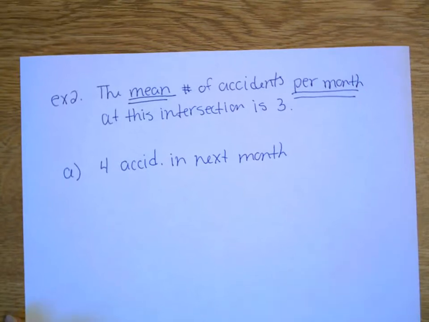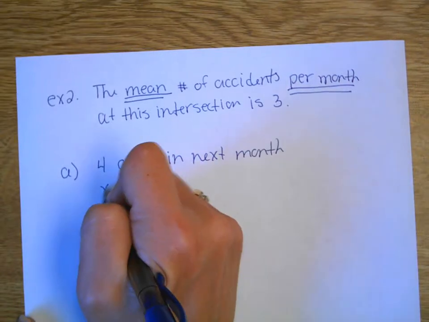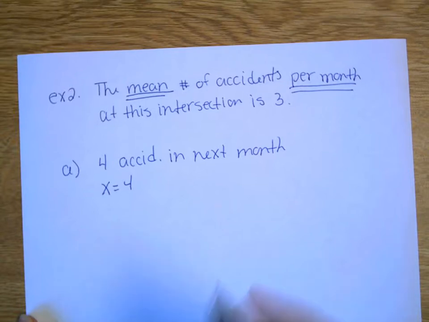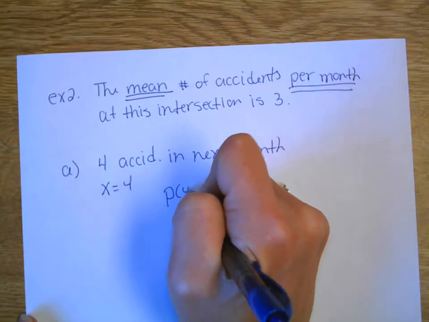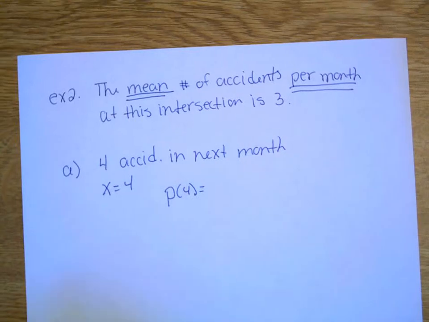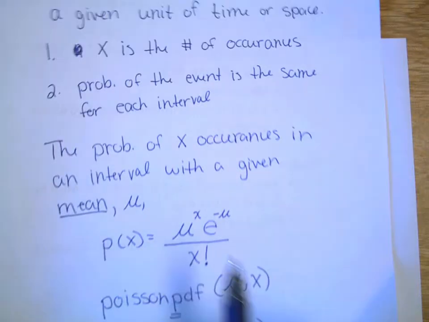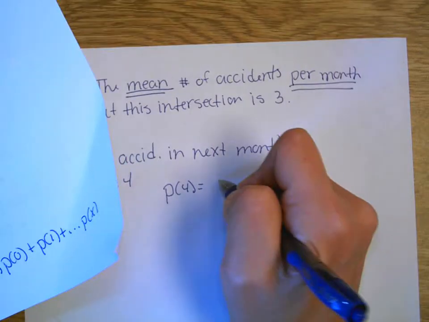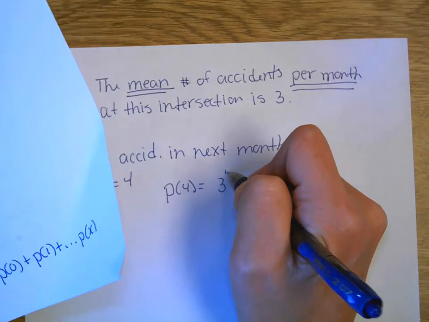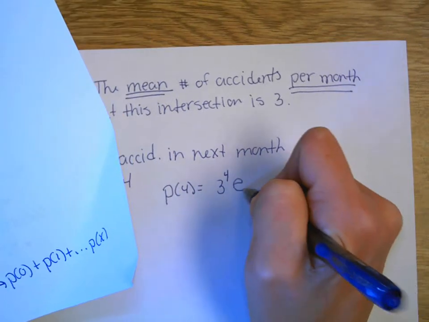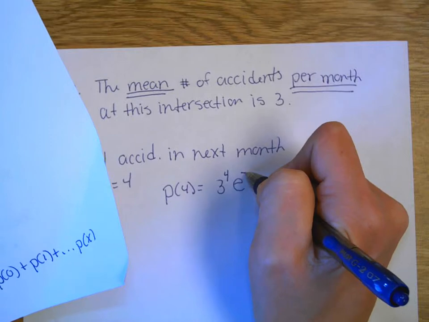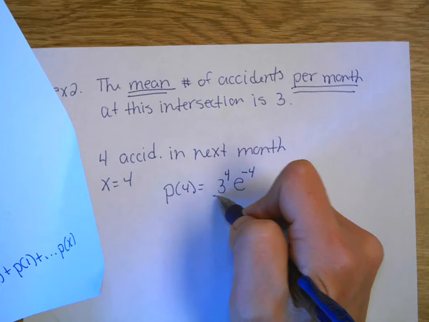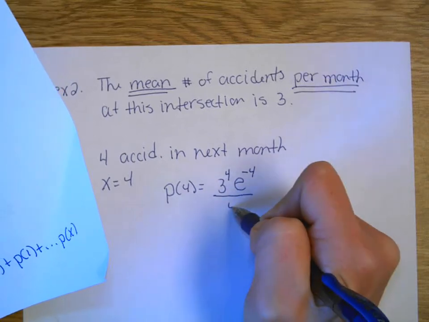Let's do this by hand. So we're looking for x is a 4. I want that one probability only. So P of 4 by hand is going to be, formula says take the average, the mean, 3, raised to the x power, which is a 4, times e raised to the negative 3, all divided by 4 factorial.